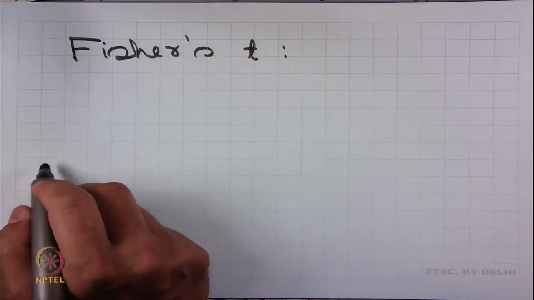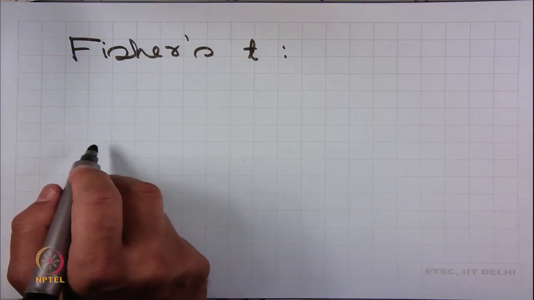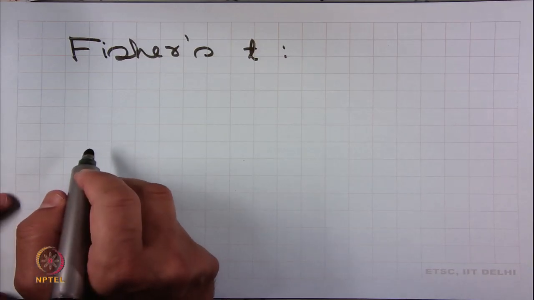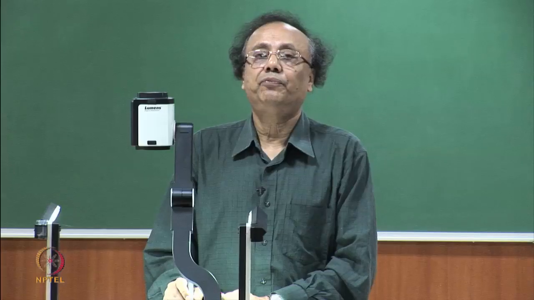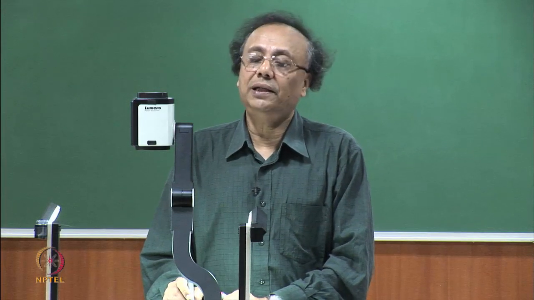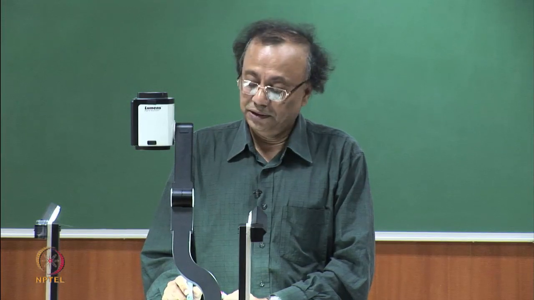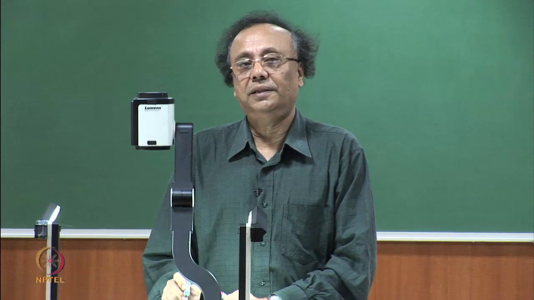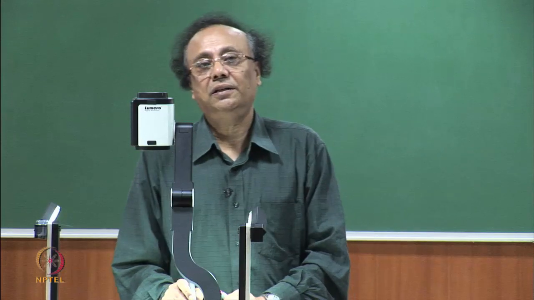R. A. Fisher has defined T to be a random variable which is the quotient of two independent distributions, where the numerator is a normal 0 1 and the denominator is a function of chi-square. So, let me define it first.